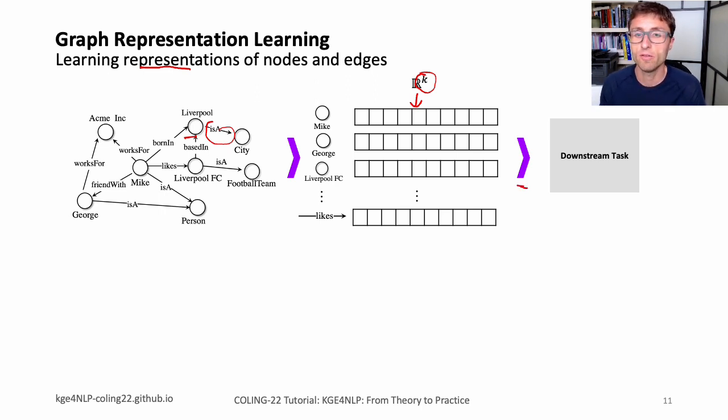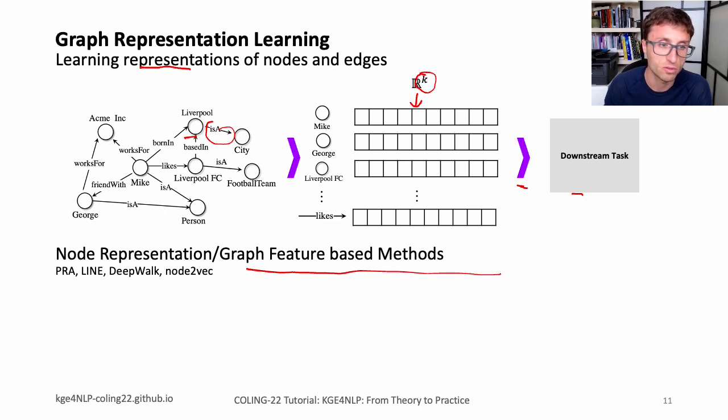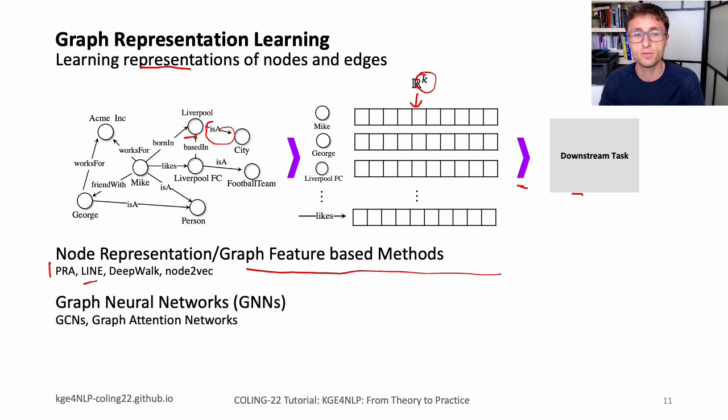Once we have that, we can use these vectors for downstream tasks, such as link prediction. Graph representation learning went through a good few phases. The early works started off by looking at ways to represent nodes by using graph feature-based methods like random walks. The PRA and LINE methods are good examples of this family of methods.